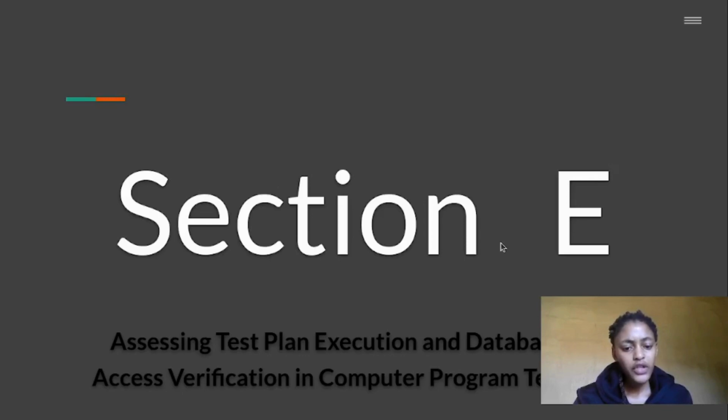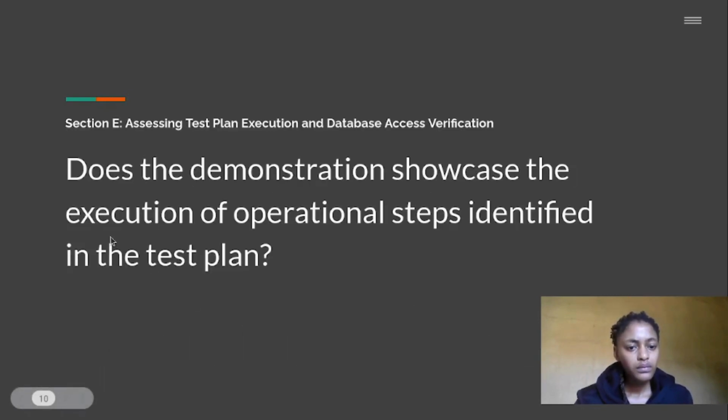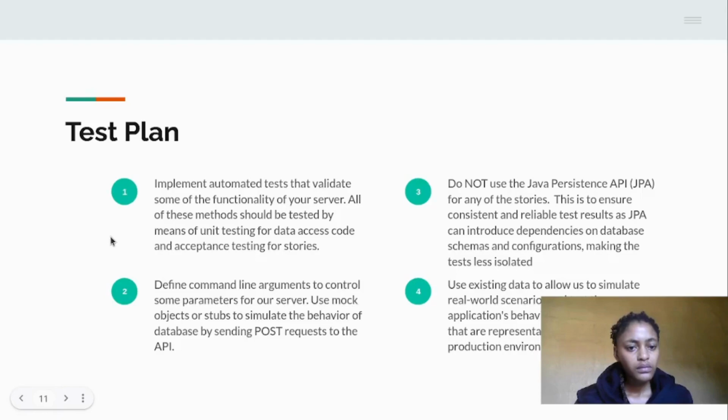Hello everyone. In this section, we will be assessing the test plan execution and database access verification in computer program testing. So, for our test plan, our group decided to implement automated tests that validate some of the functionality of the server.